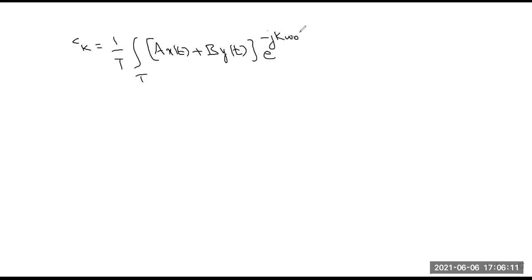So we will say c sub k is equal to 1 over T integration over T of a times x of t plus b times y of t, times e to the power minus jk omega naught t.